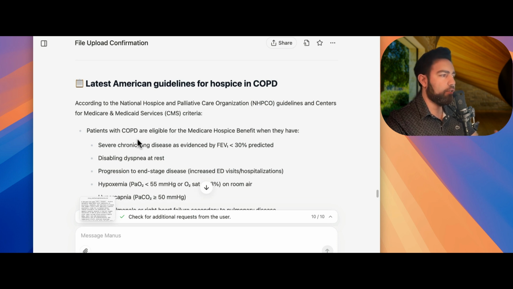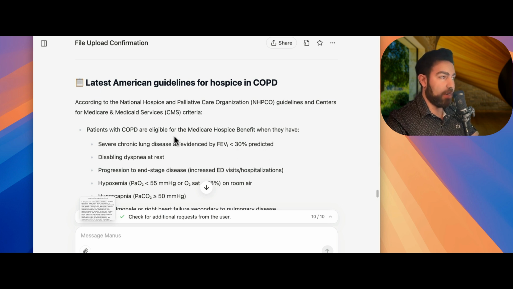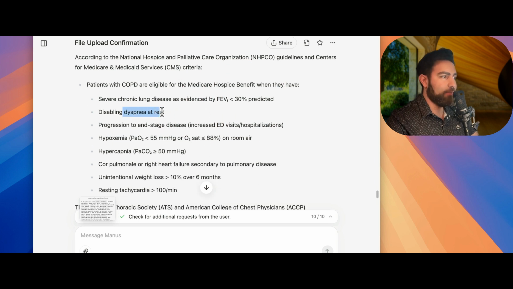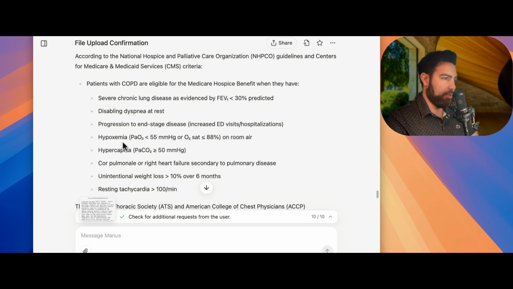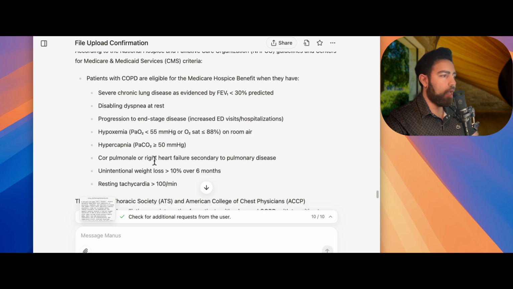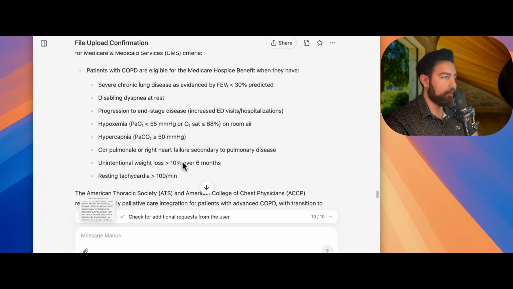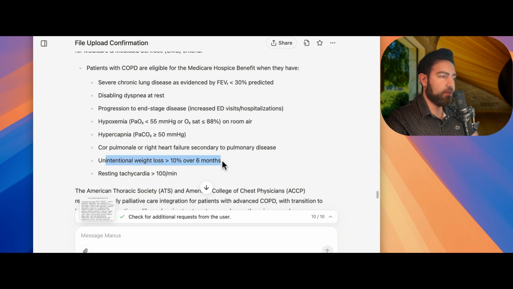So patients with COPD are eligible for the Medicare hospice benefit when they have, and this is directly from these guidelines and will be tested: FEV1 less than 30%, disabling dyspnea at rest, progressive disease leading to end stage, severe hypoxemia, which this patient has, and you need these numbers: PaO2 less than 55 or O2 saturation less than 88% on room air, hypercapnia greater than 50, cor pulmonale or right heart failure secondary to pulmonary disease, unintentional weight loss greater than 10% over 6 months, and resting tachycardia.